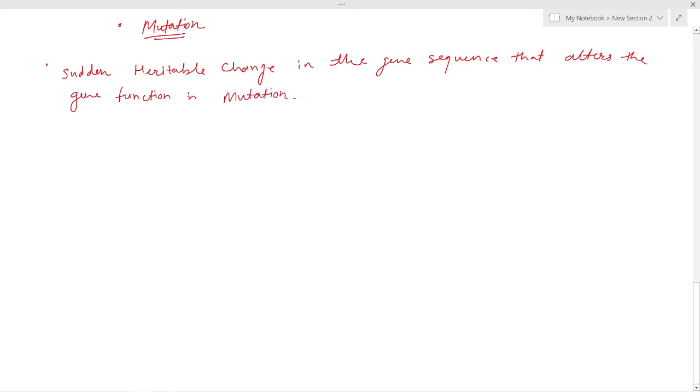Mutation is a sudden, heritable change in the gene sequence that alters the gene function.